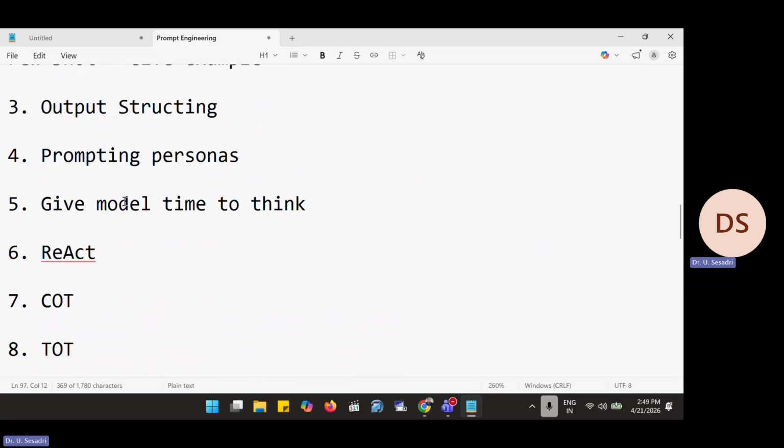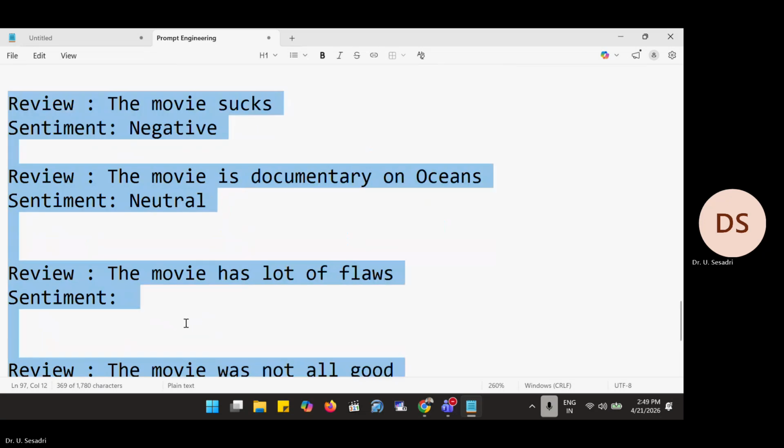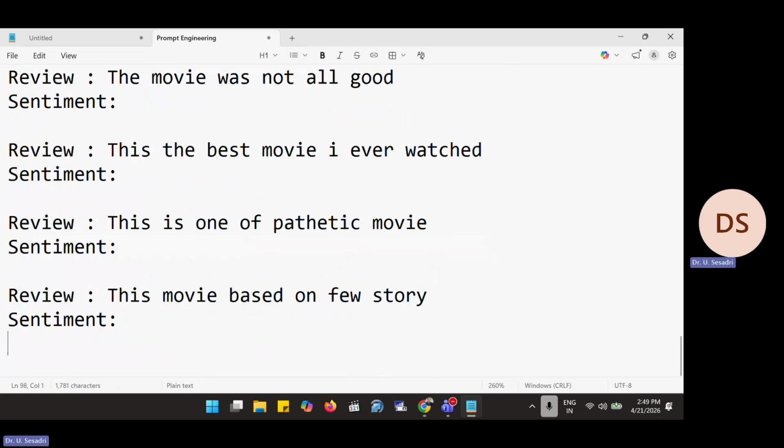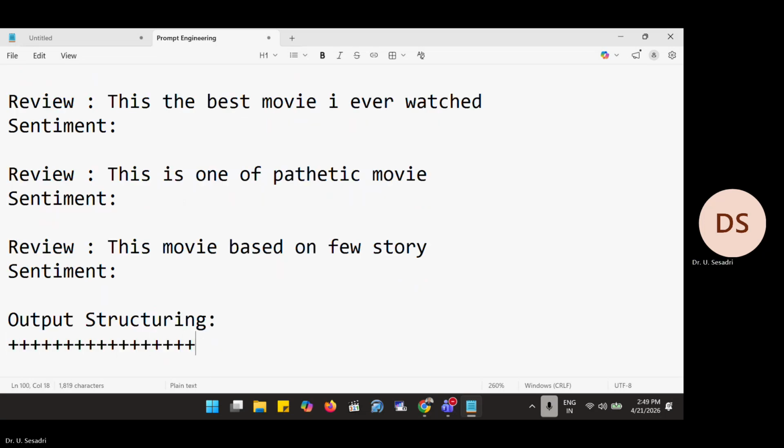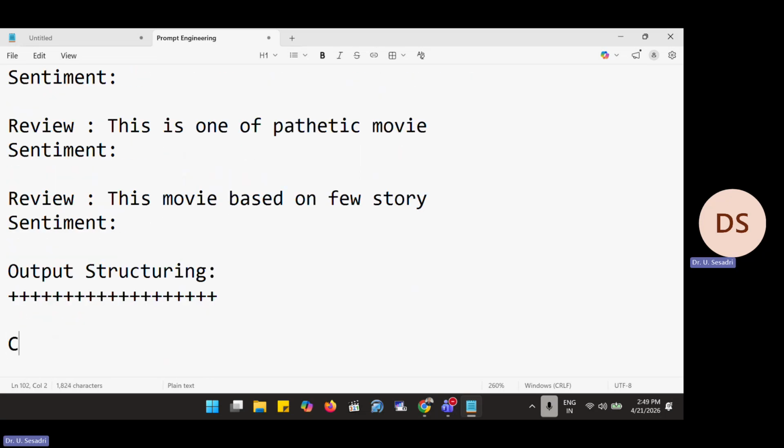Next, another one we'll see is output structuring. The third one is output structuring. Here, when I give information to the AI, I give the input like this: correct the grammar of the following sentence.